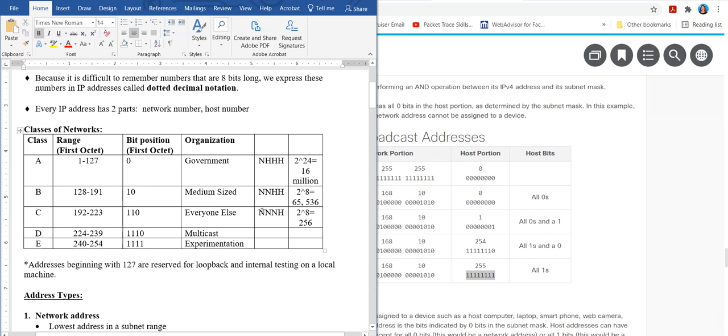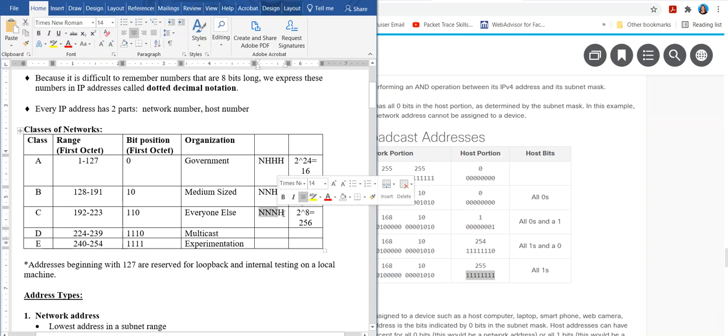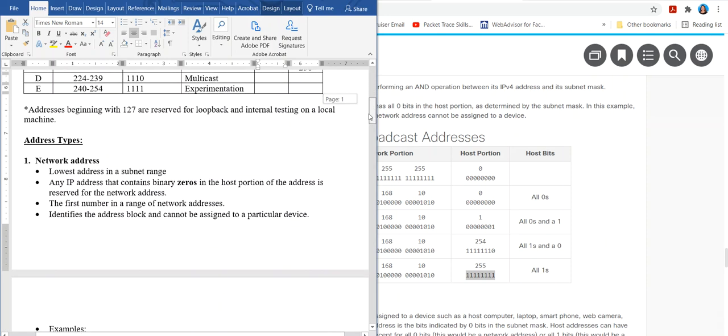So if you can memorize each of these, for example, if the first three are the network portion, then you would know, well, I need to look at the structure in the fourth octet for this one. For class B, you would want to look at octets 3 and 4. For class A, the first one would be the network, and the last three would be host.